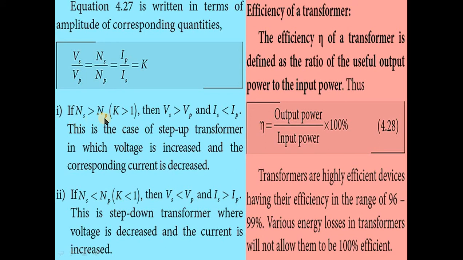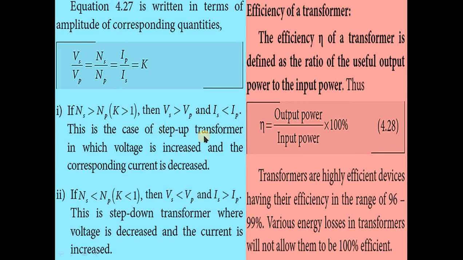If Ns is greater than Np, that means the number of turns in the secondary coil is greater than the number of turns in the primary coil, so the voltage ratio, transformer ratio K is greater than 1. Then Vs is greater than Vp. That means voltage in the secondary coil is greater than the voltage in the primary coil, and current in the secondary coil is less than the current in the primary coil.